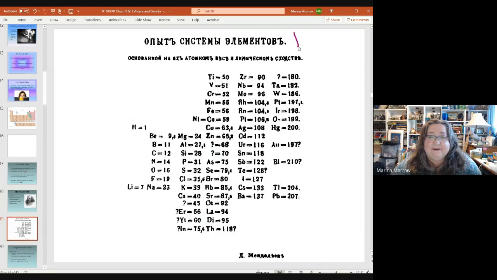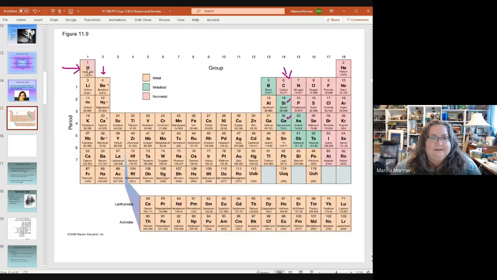So it doesn't look quite like the one we have today. For one thing, of course, there's Russian up here because he was Russian. But also it's sideways to the one we use now. So you'll see here's hydrogen. There's no helium because it hadn't been discovered yet. But here's lithium. And in the modern periodic table, here's hydrogen, and lithium's right below it.